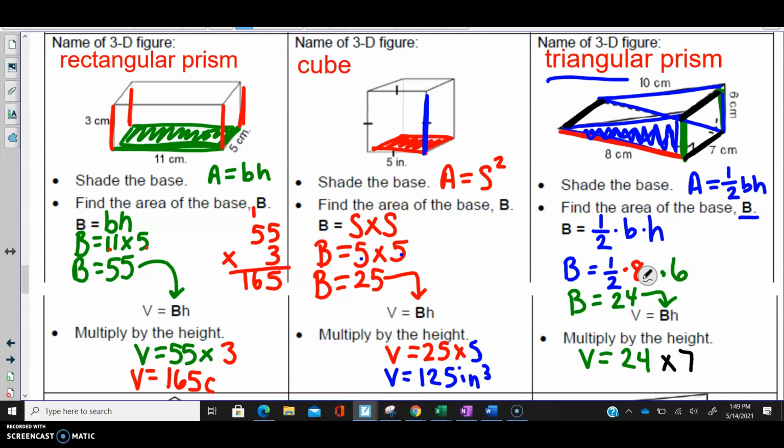So 24 times 7. Again, using your calculators, or if you want to multiply it out, we get 168 units, or centimeters to the 3rd power.